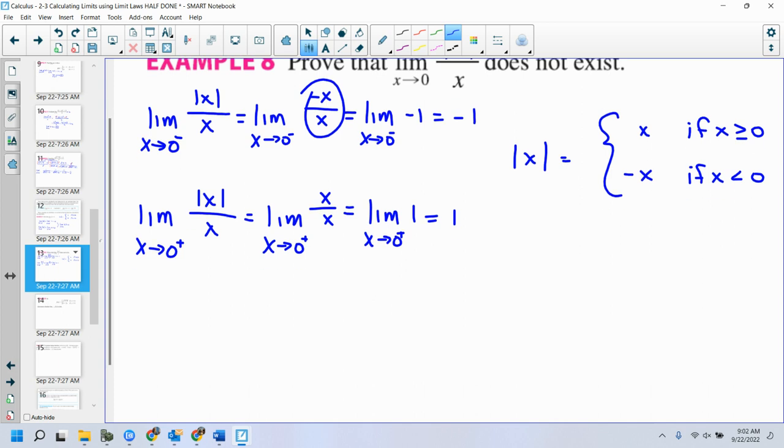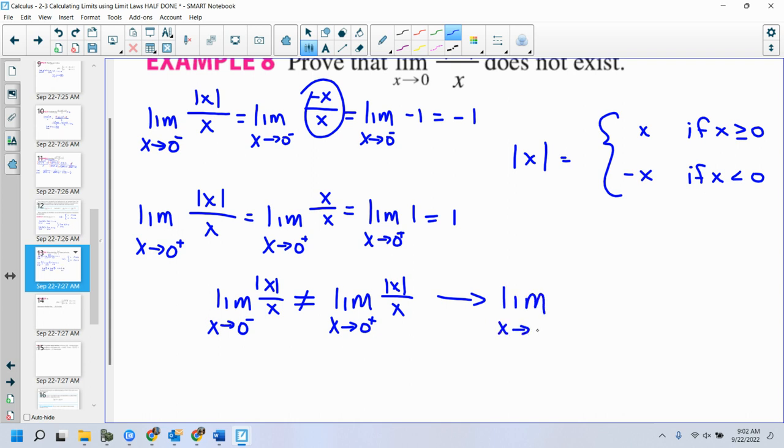I want to say, so therefore, the limit of x going to 0 negative of the absolute value of x over x does not equal the limit 0 positive of the absolute value of x over x. So which means that the limit, the full limit of absolute value of x over x does not exist.